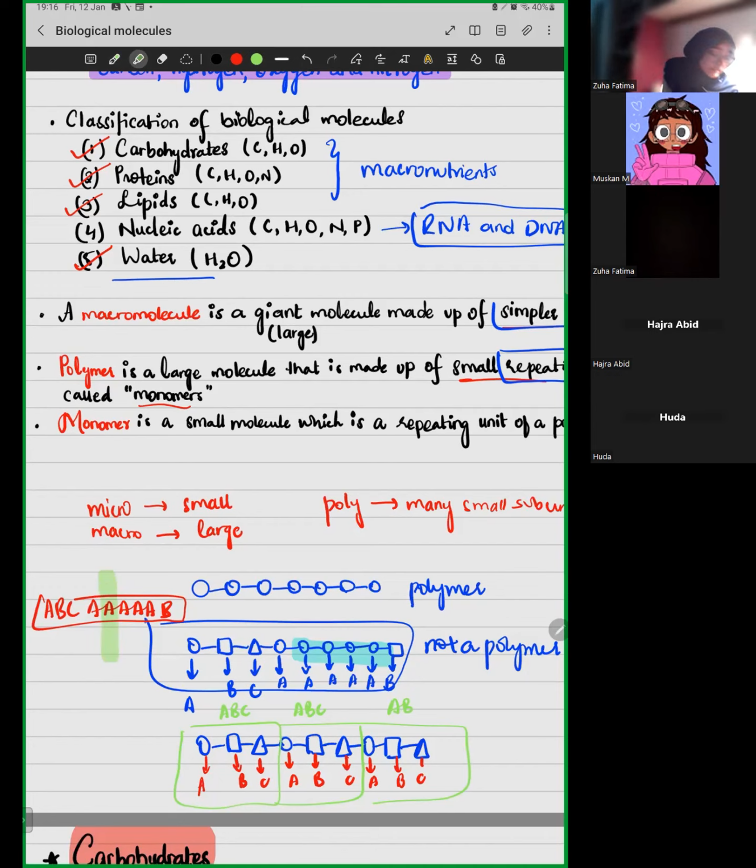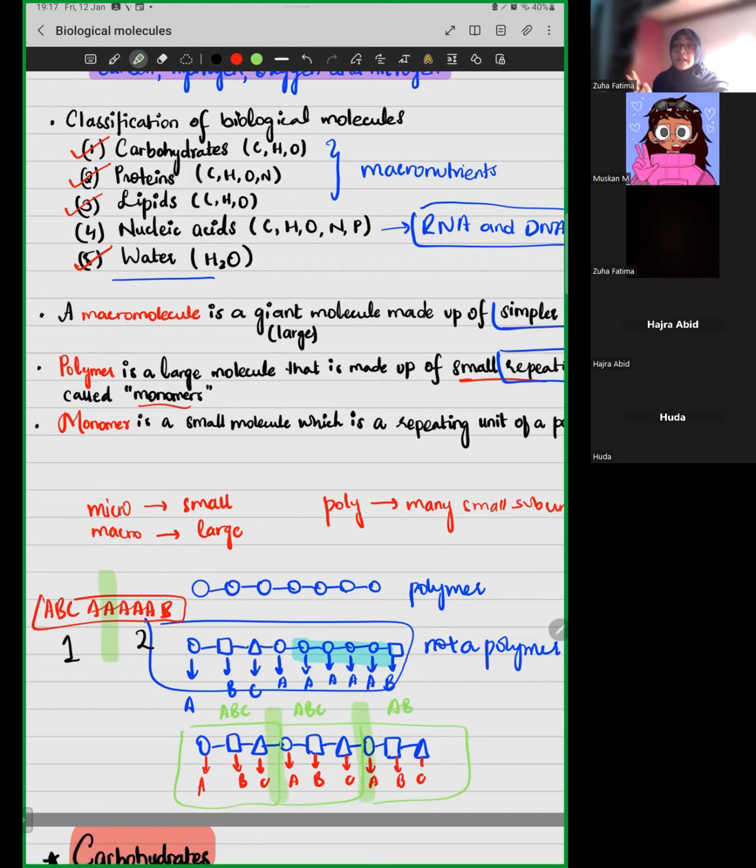Can I say that this section and this section are the same? Are they repeating? No, they're different. But if I split this molecule like this, there is a repeating pattern.